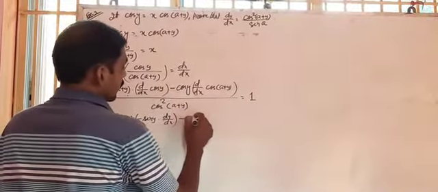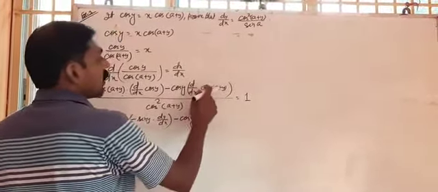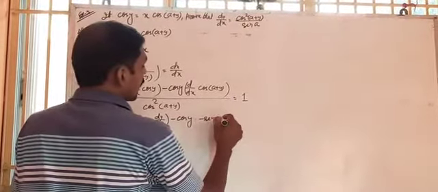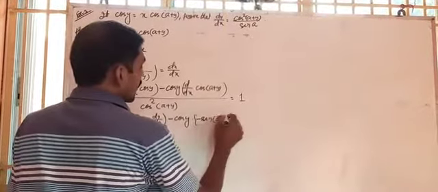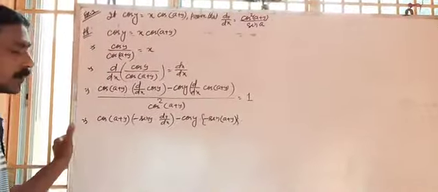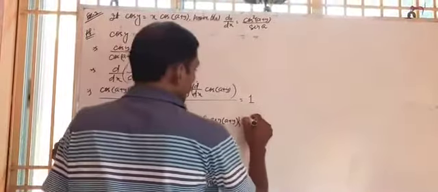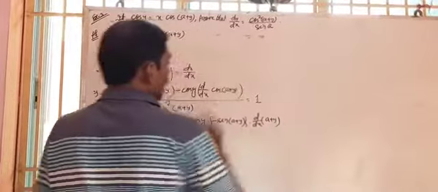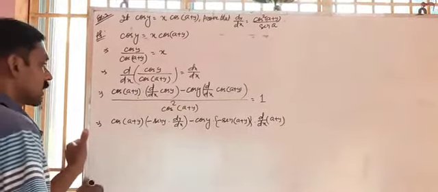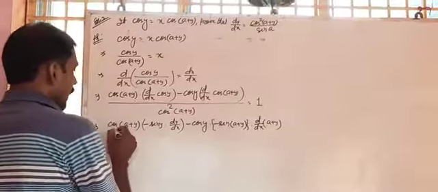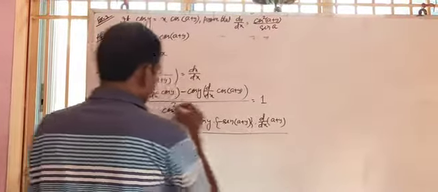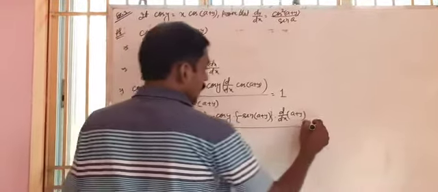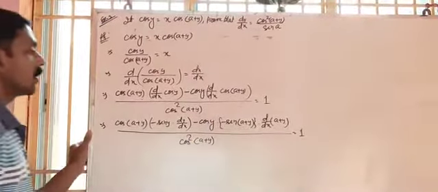Minus cos y into, here again derivative of cos theta is minus sin theta, where theta is a plus y, into, again by chain rule, the derivative of a plus y with respect to x, by cos square a plus y equal to 1.